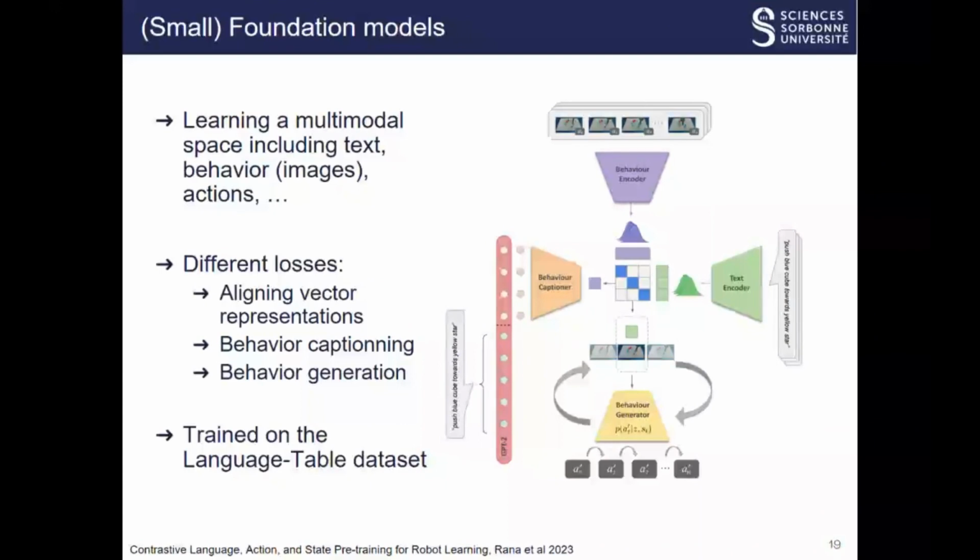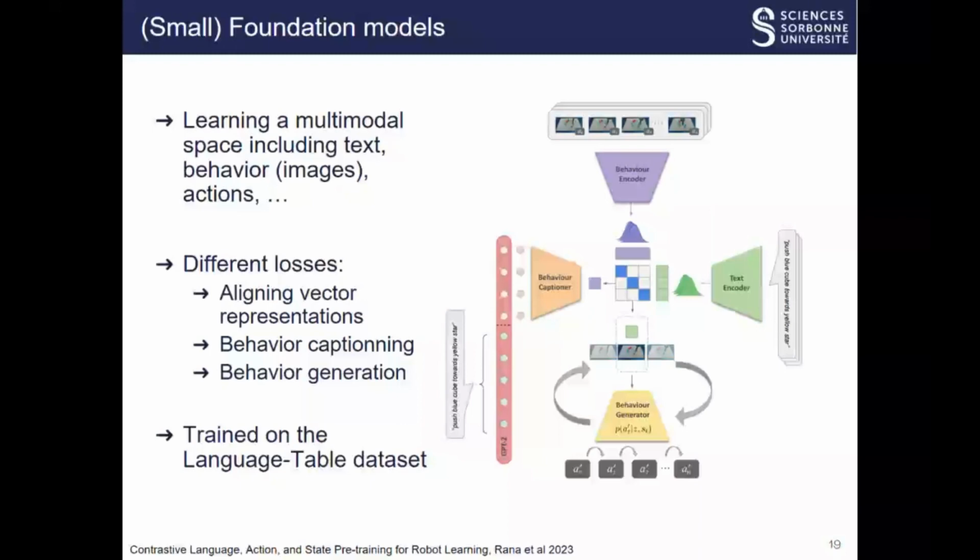CLASP is a model in which they learn a multimodal space, including text, behaviors, and actions. Behaviors are represented by images, but the objective here is to learn this representation space. To learn it, you have different losses. The first one aligns the vector representations of images and text when they are aligned in the training dataset.